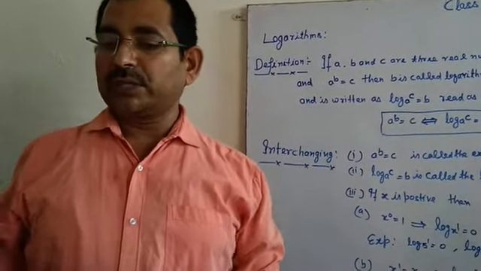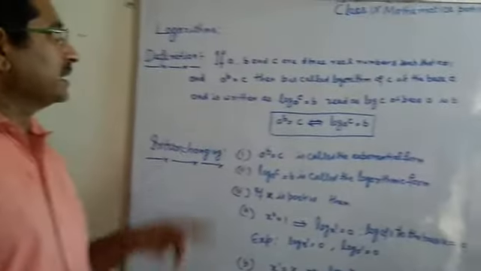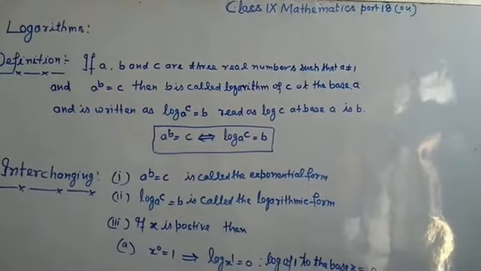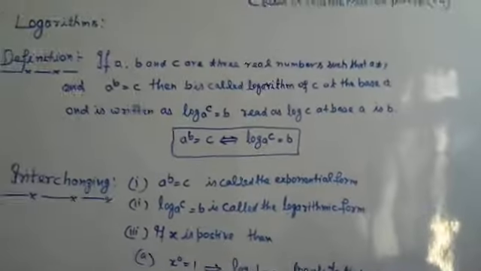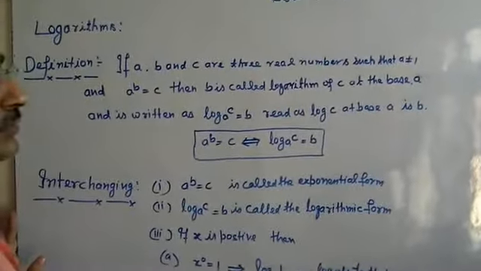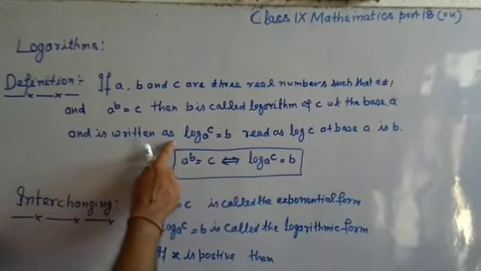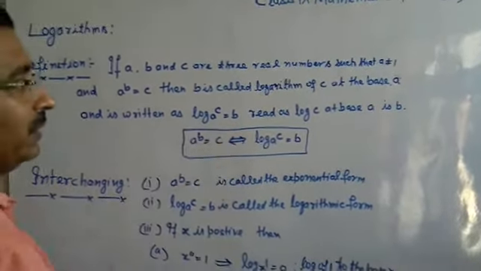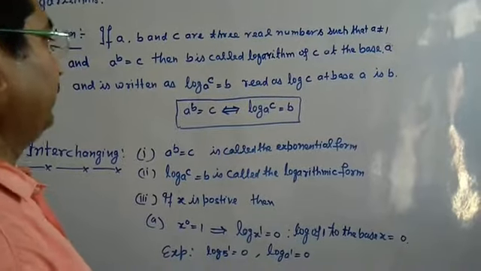I am going to discuss logarithms today. Logarithms definition: if a, b and c are three real numbers such that a is not equal to 0 and a power b equals c, then b is called the logarithm of c at base a and is written as log c at base a equals b, read as log c at base a is b.